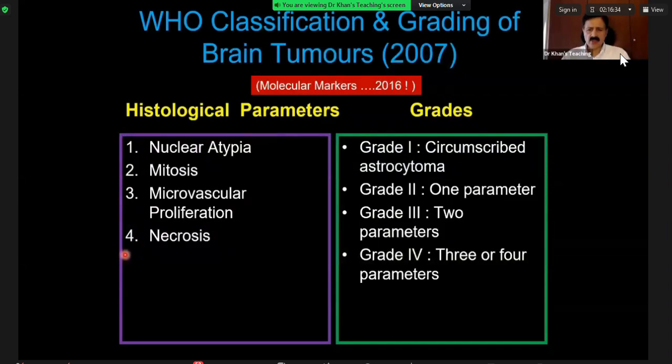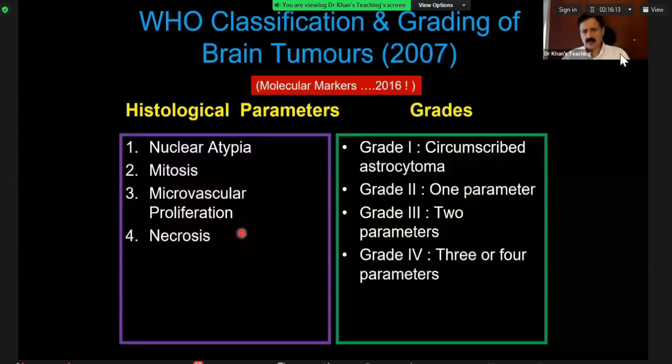So the definition is grade 1, grade 2, grade 3, grade 4. Grade 1 is just a circumscribed astrocytoma, but grade 2 is one of these parameters can be seen histologically. Grade 3 is 2 parameters, grade 4 is 3 or 4 parameters. So this concept of grade 1, 2, 3, and 4 is an important and useful concept in radiology.